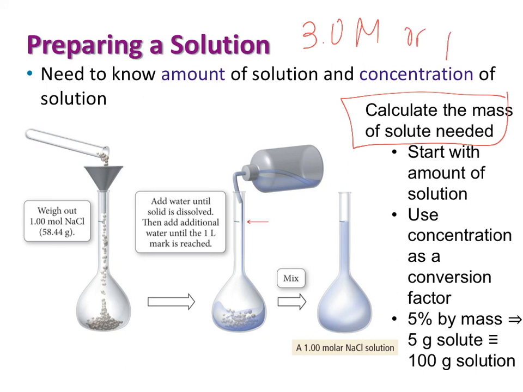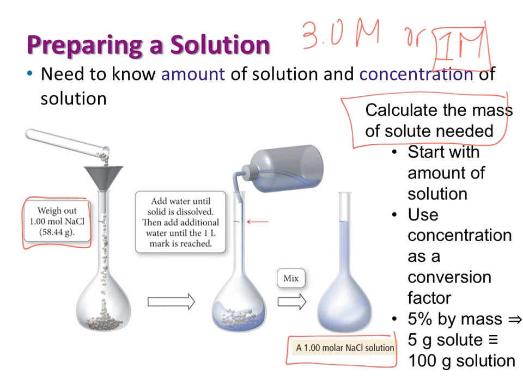Or 1 molar sodium chloride, just to use that as an example because it actually is shown right here. So let's say it calls for that. You would figure out how much mass is in 1 molar of this solution, and then you would weigh that mass out. So in this case, we calculated that 1 mole of NaCl is 58.44, which is the molar mass.